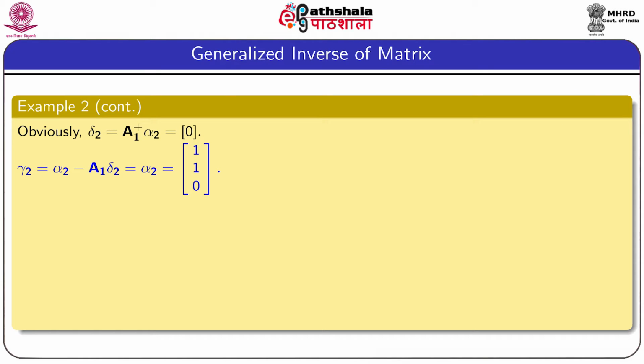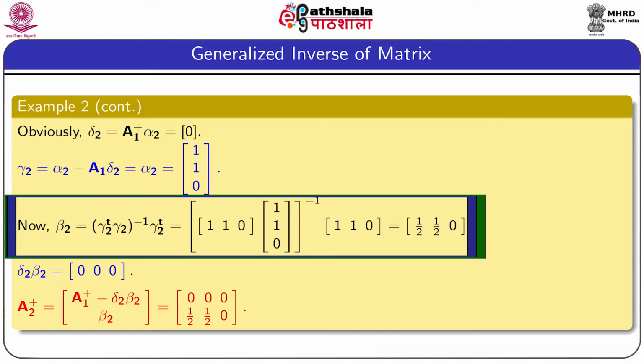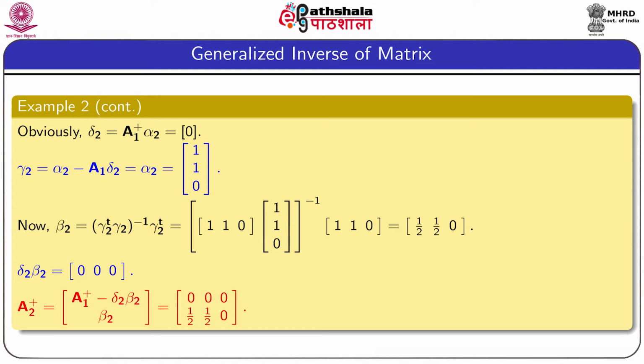Now, gamma 2 equal to alpha 2 minus alpha 1 into delta 2, which is equal to alpha 2 equal to 1 1 0. Therefore, beta 2 equal to inverse of gamma 2 transpose into gamma 2, times gamma 2 transpose. After simplification, the vector beta 2 becomes half half 0.